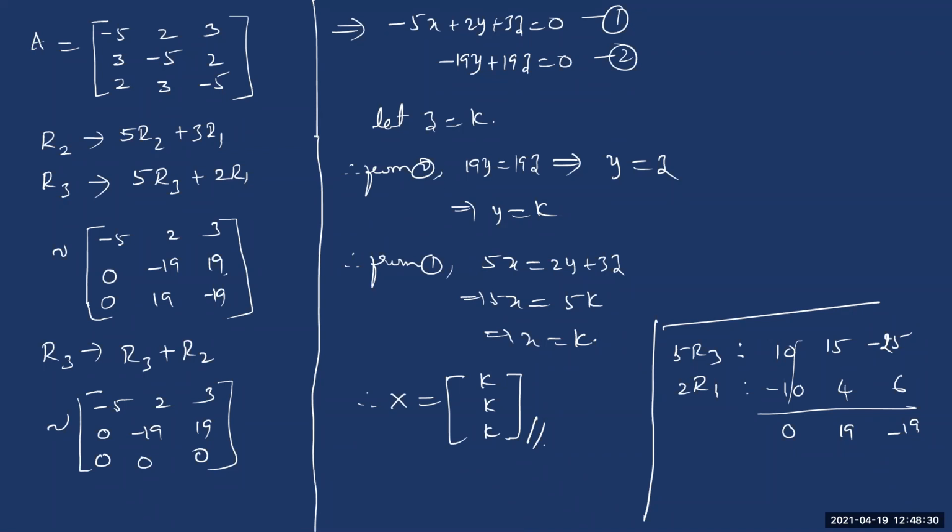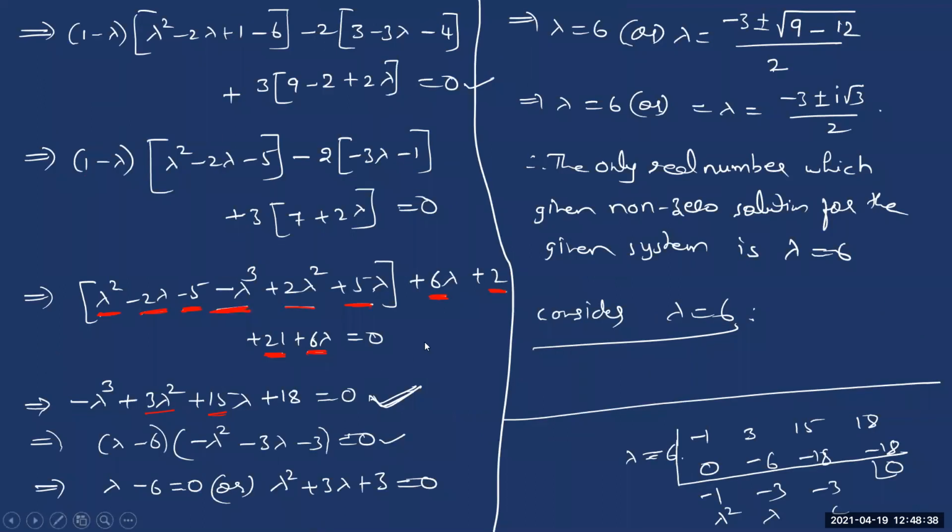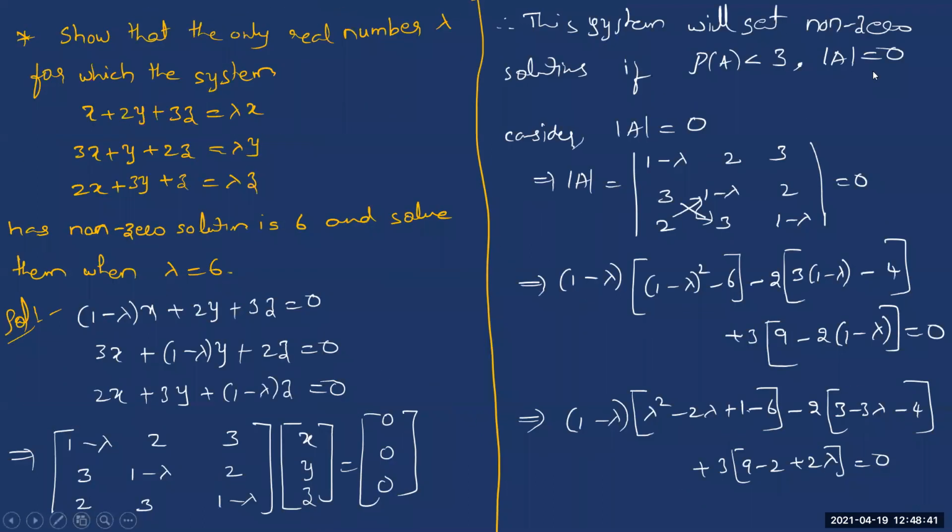So for every homogeneous system of equations, when it has these kinds of lambdas, we need to use this idea of determinant of A equals 0, and then you can find the required values of lambda, and then you can find the solution at the end.